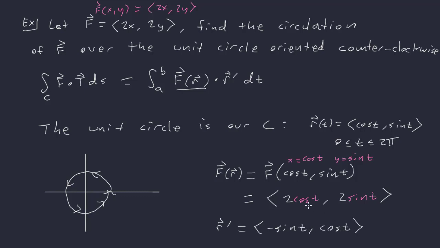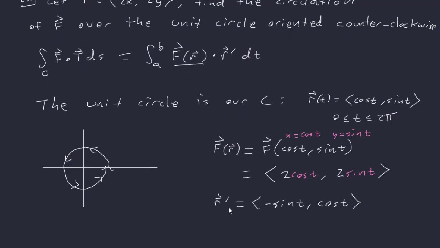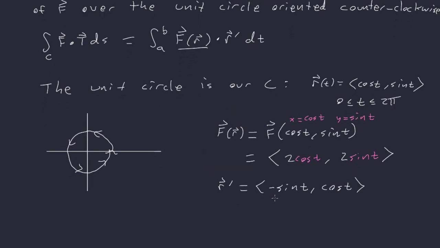Now, we don't have to do this before we set up the integral, but I like to go ahead and find F of r and dot it with r prime. So this is going to be 2 cosine t, comma 2 sine t, dotted with negative sine t, comma cosine t.